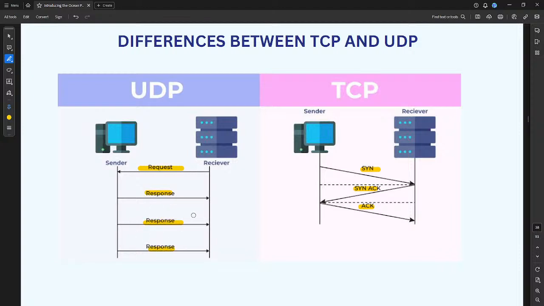There is no form of establishment, no form of acknowledgement saying, hey, okay, our session is established. Here a session is established, and then a session can be terminated. But right here, no session was established. Everything is just request, send, send, send, send. So that is what differentiates TCP and UDP.